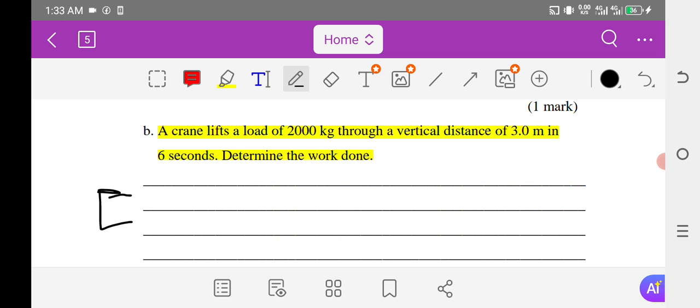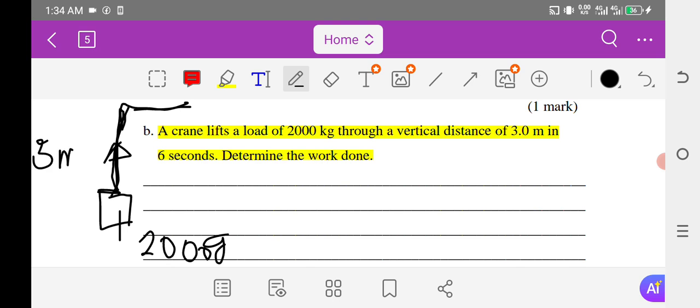In the first place, we have a load of mass 2000 kgs being lifted through a height of 3 meters. That's the height of 3 meters.